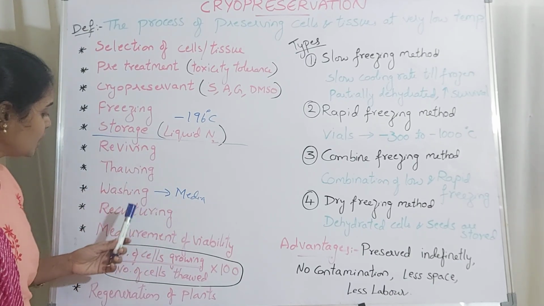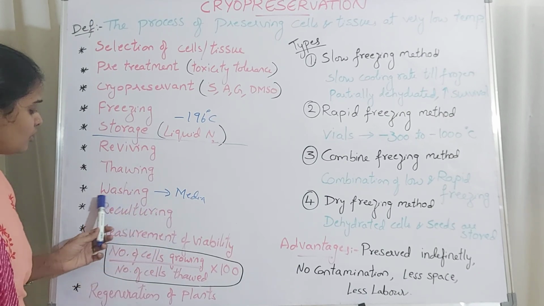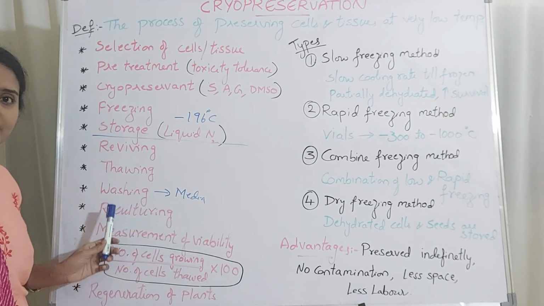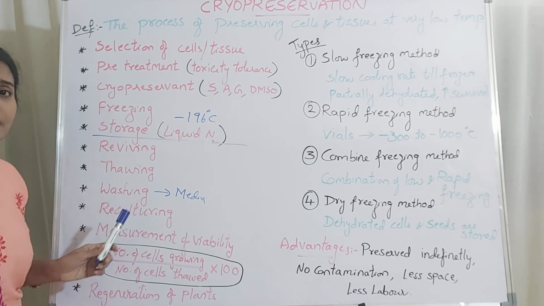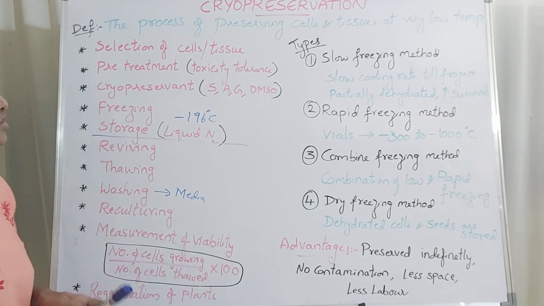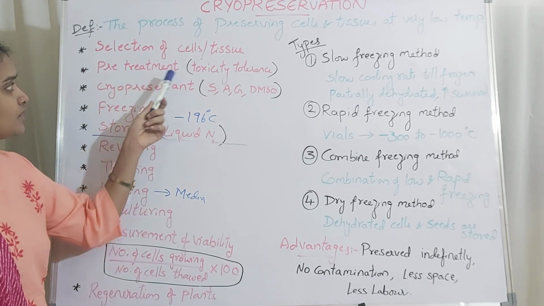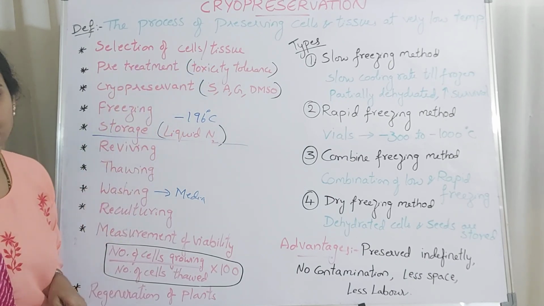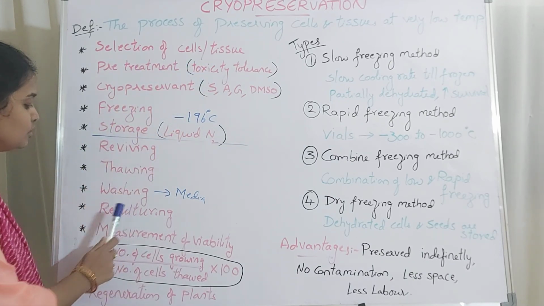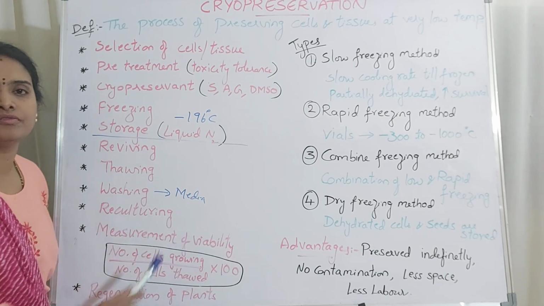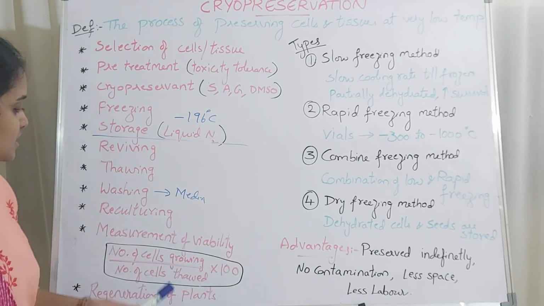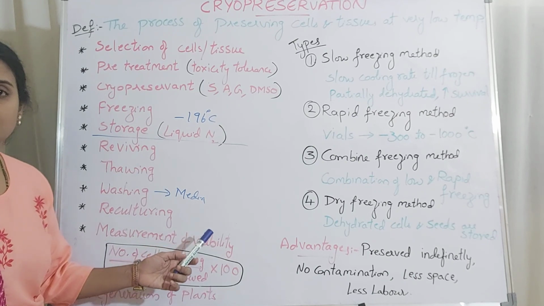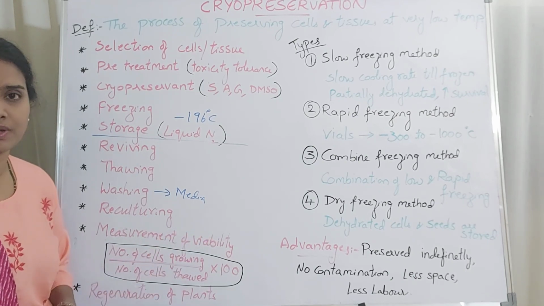Okay, so now in this culture, there may be cells which might have died because of either the toxic activity or due to the sudden change in the temperature. So what you do? You go for the measurement of viability, or you can say viability testing must be done.